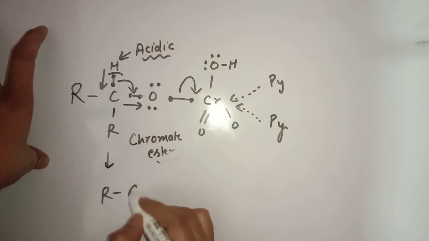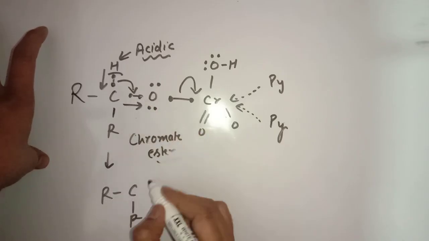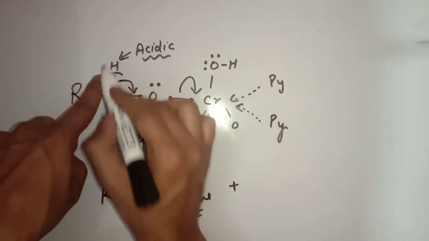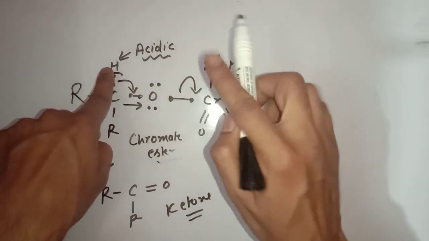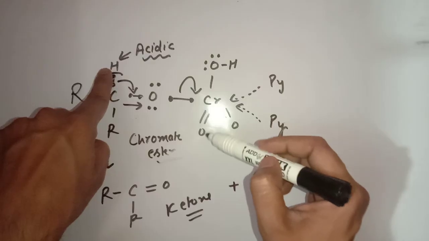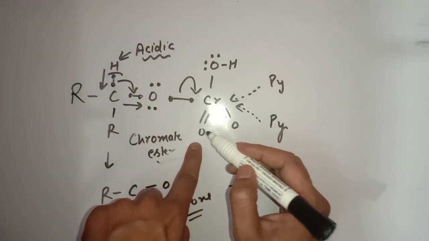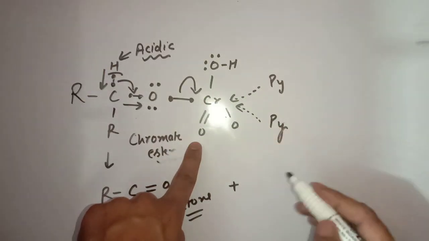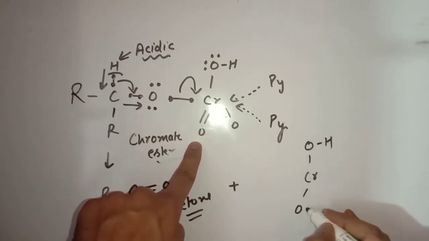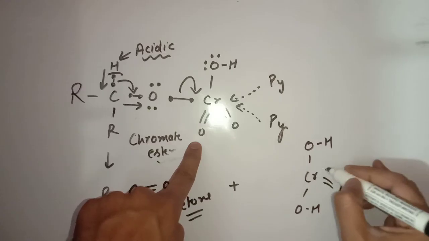And what we will get? Between this carbon and this oxygen, double bond will generate. What is this? This is ketone. And this H positive which will release out can be stabilized by pyridine, as I told you, or can be stabilized by these oxygens. So suppose I am stabilizing this H positive by oxygen, so the released product will be this.